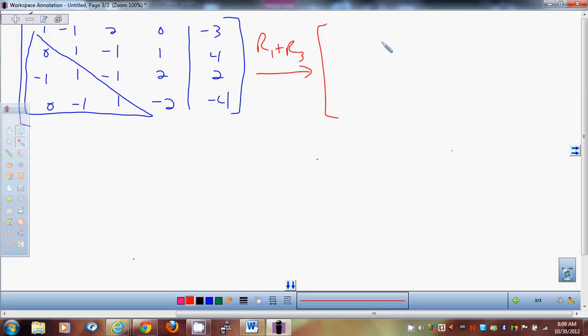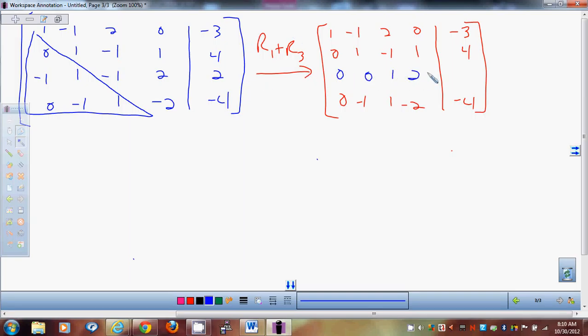So I can write down the other rows exactly as they are. The only one that's going to change is R1 plus R3, which will be 0, 0, 1, 2, and negative 1, when you add row 1 to row 3.